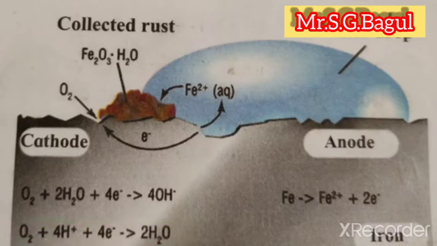Alternately, in the cathode region, oxygen is reduced to form hydroxide (OH-) ions. This is the chemical reaction.